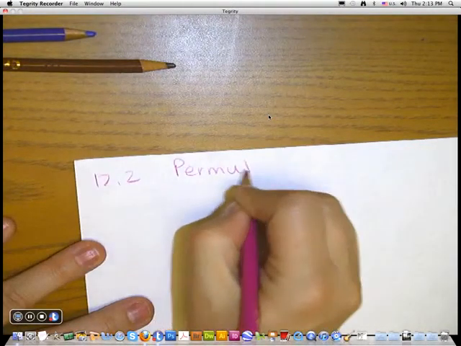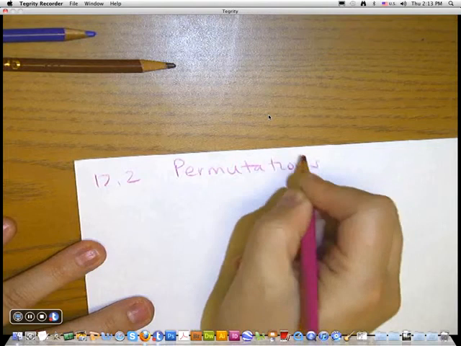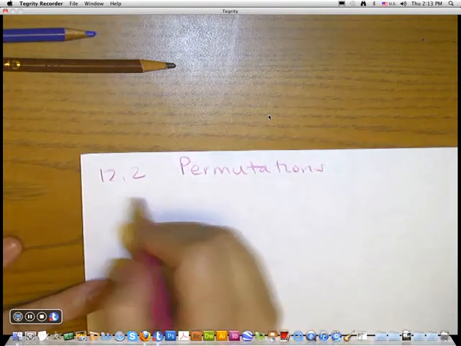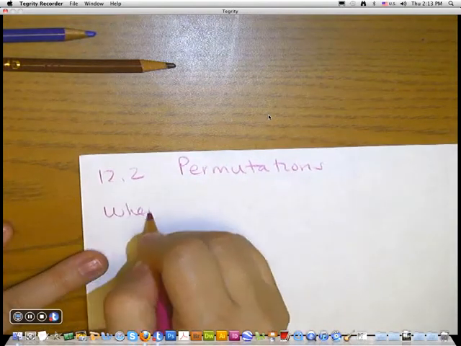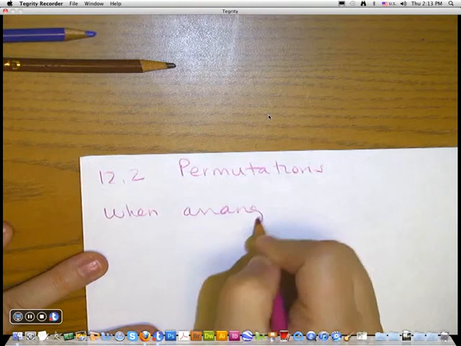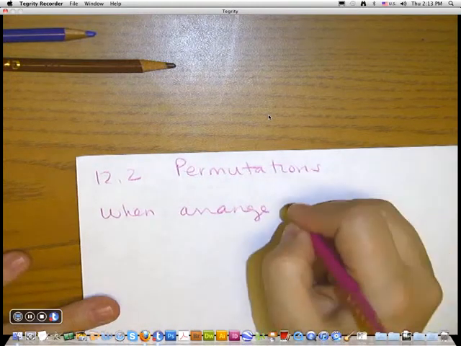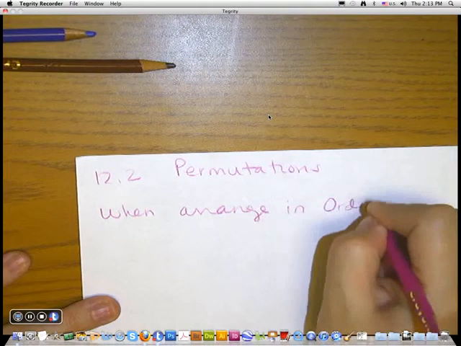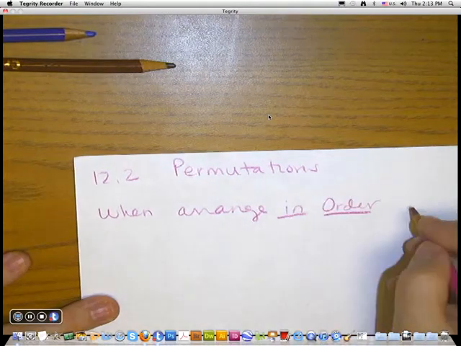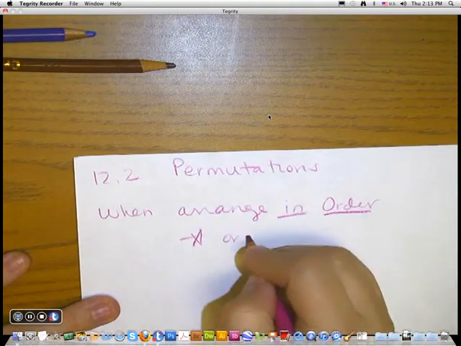Permutations. All right, we do permutations when we want to arrange in order, meaning order matters.